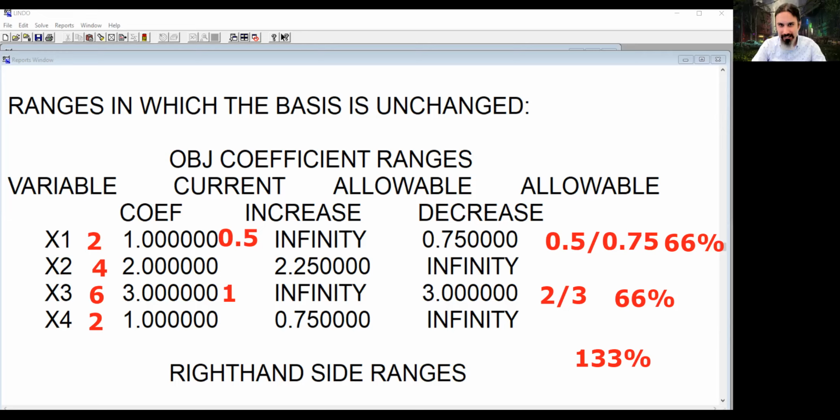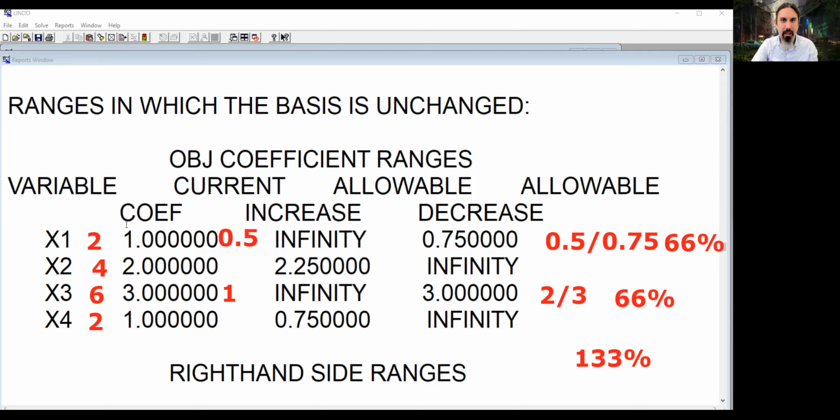The first case says that if it's all non-basic variables, then they all have to stay in their limits. But here, we are changing both basic and non-basic variables, so we have to check the 100% rule. But the 100% rule will not give us anything because it's going to be above 100% anyway. But this is just the multiplication of the objective function by 2, so it's still optimal. It has the same solution. Just the objective value will be greater, double.